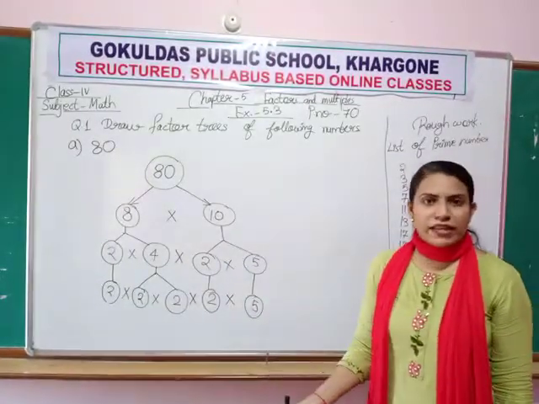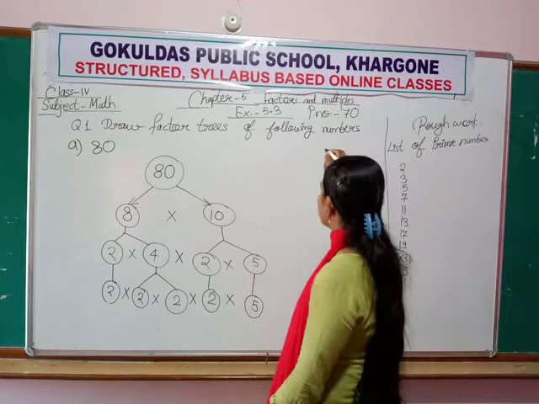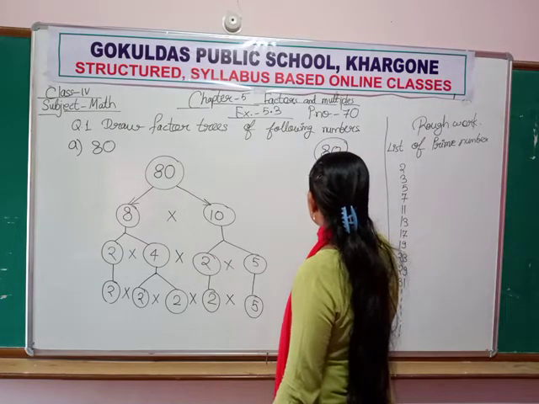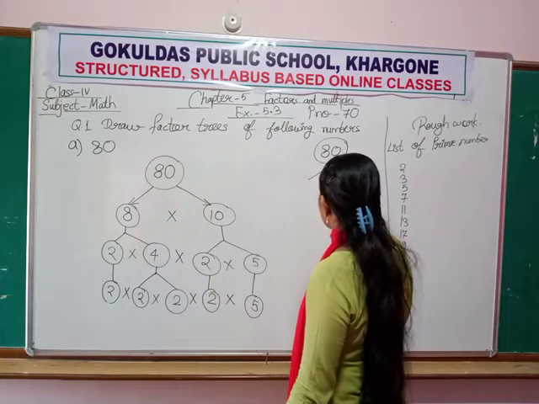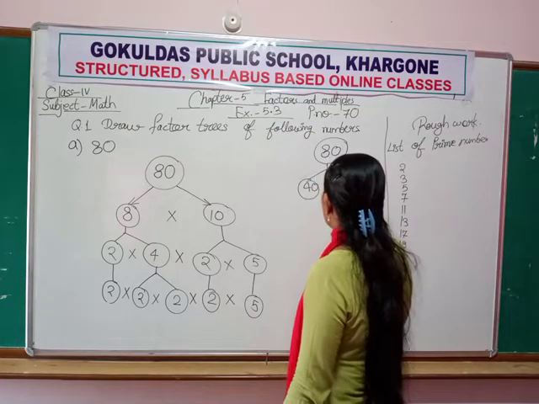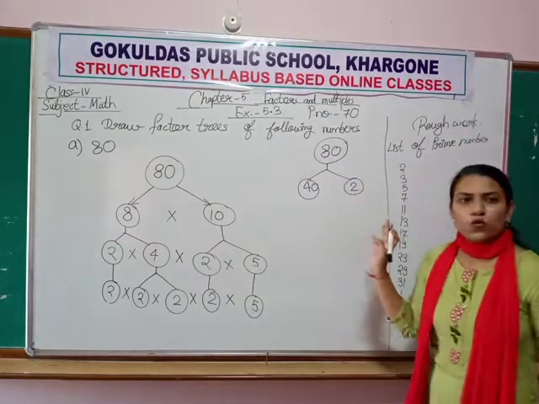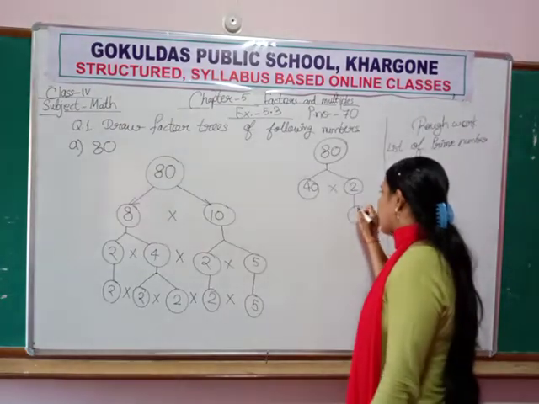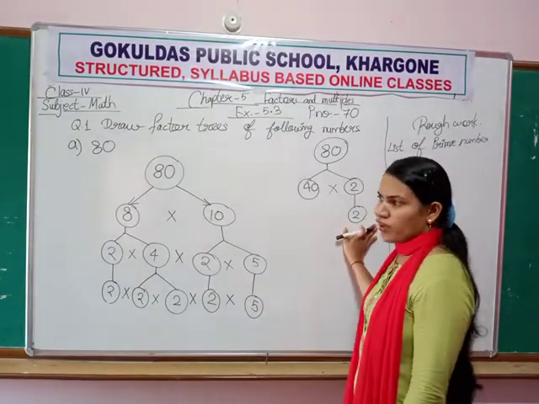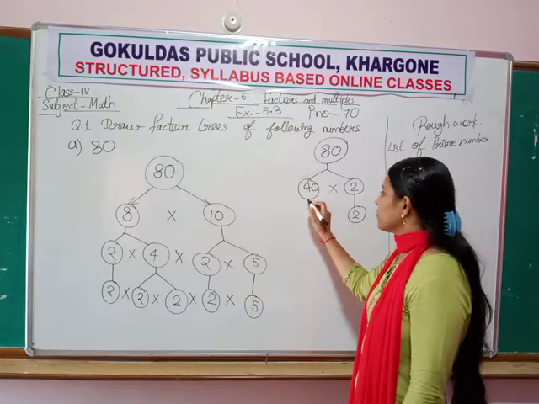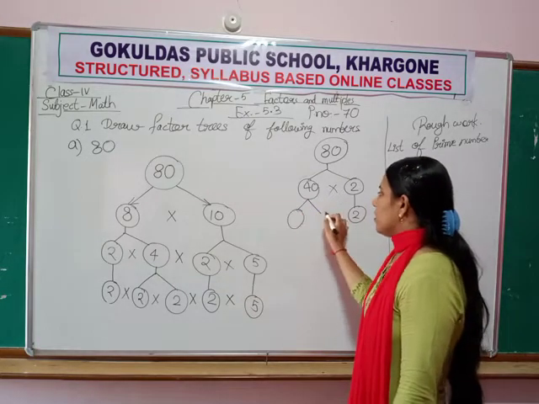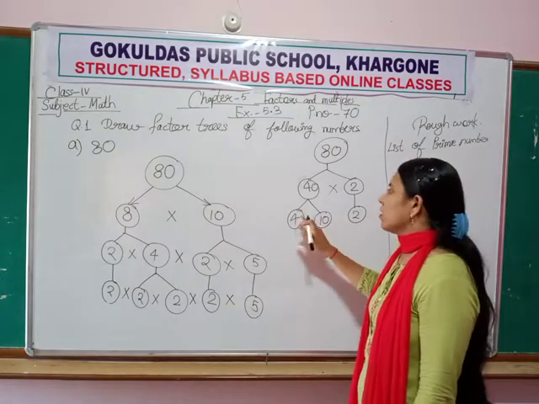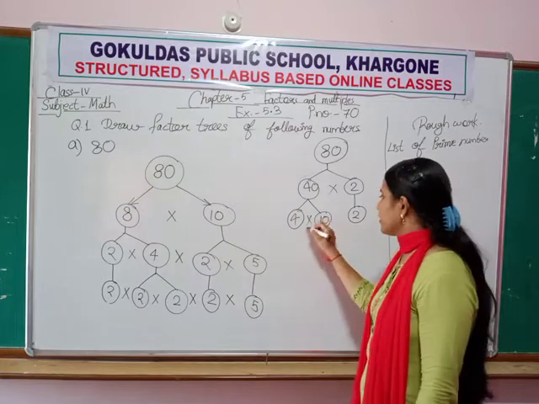There are so many other ways in which you can represent it. You can solve it like 40 into 2. 40 into 2 also gives you 80. Now 2 is a prime number, so rewrite it as it is. We are not going to split it up. Now how can you split 40? 4 into 10 or 20 into 2, you can do it, right?